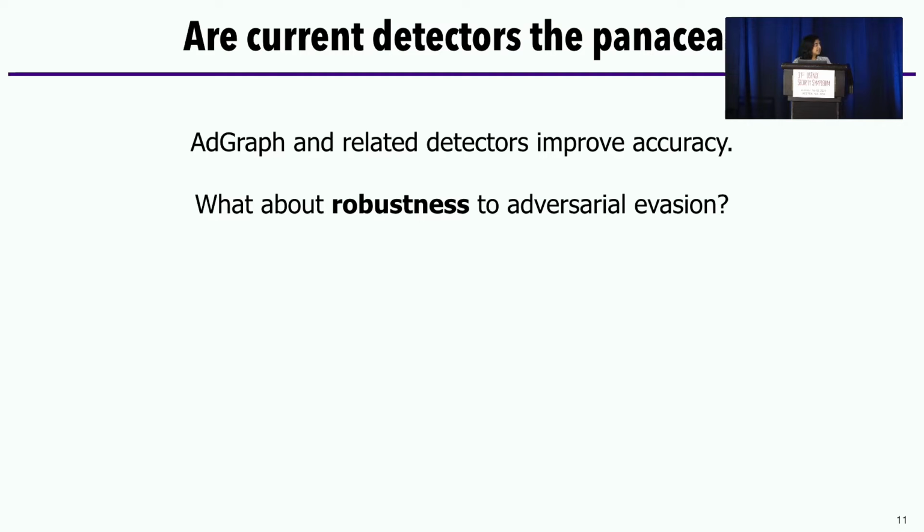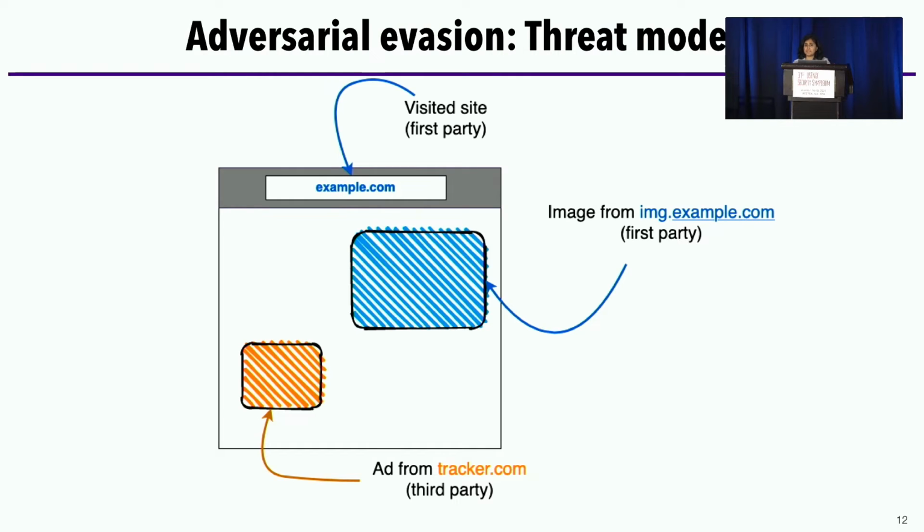Now, all of these approaches so far have been shown to have good performance. They identify ads and trackers with high accuracy, but we were interested in studying whether they're actually robust to adversarial evasion. And I'm going to explain what I mean by adversarial evasion in our scenario. So let's say that you have a site that you're visiting, example.com.